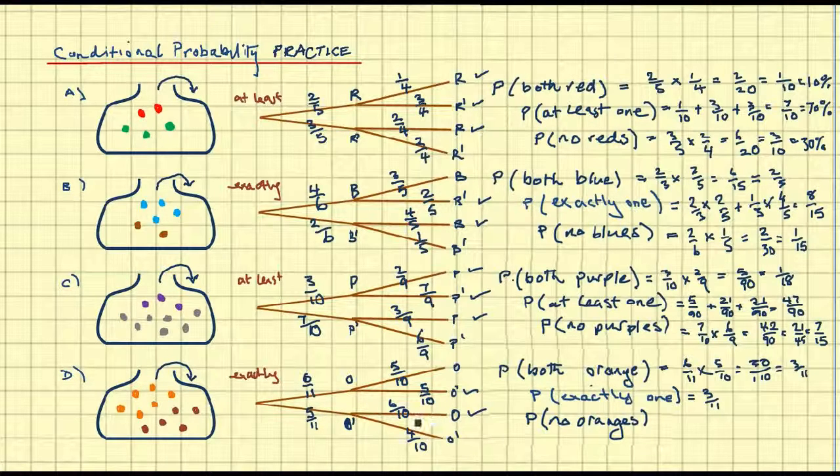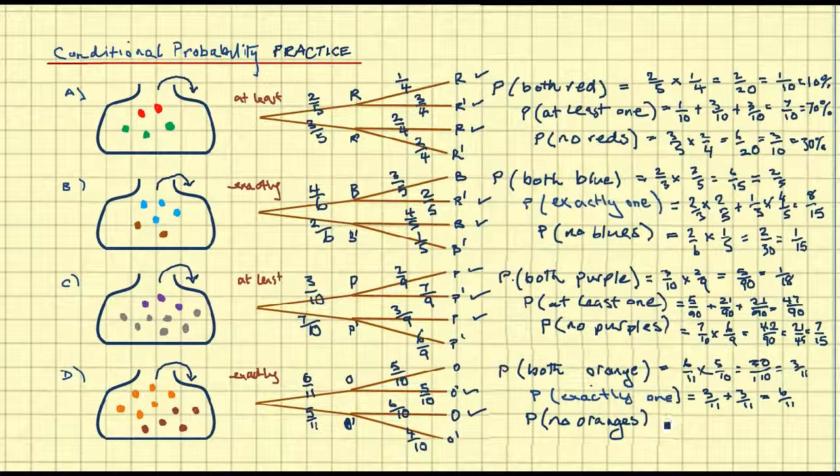And this branch here is exactly the same, because we've got 5/11 times 6/10, so again it's 5 times 6, which is 30, and 11 times 10, which is 110. So we're also going to have 3/11, which gives us the answer 3 plus 3, 6/11.